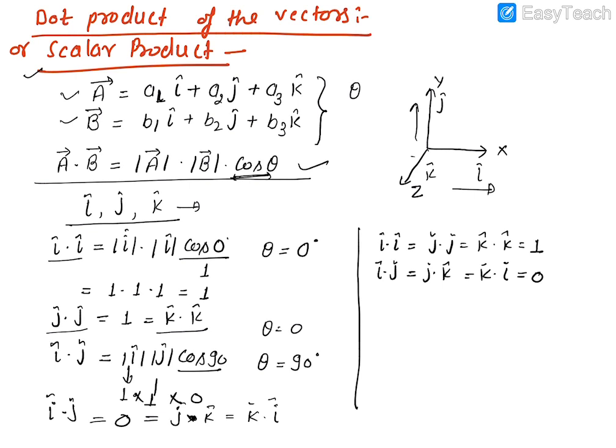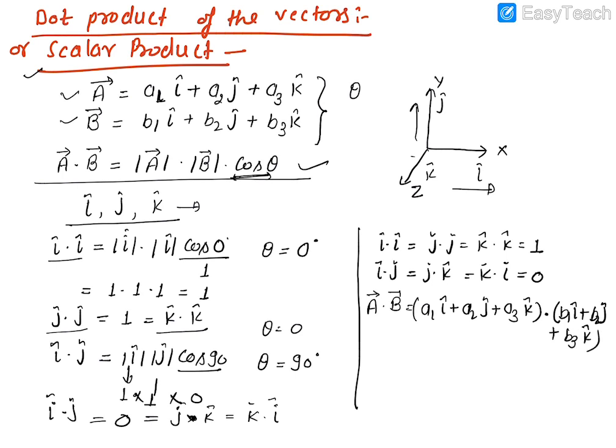Now how will we calculate a dot b? For the calculation of a dot b, we will simply write a1 i cap plus a2 j cap plus a3 k cap dot b1 i cap plus b2 j cap plus b3 k cap, right?